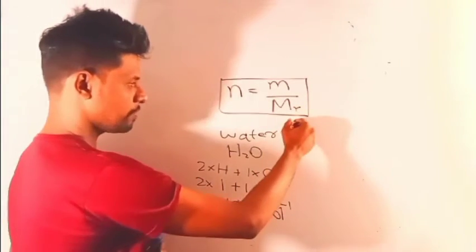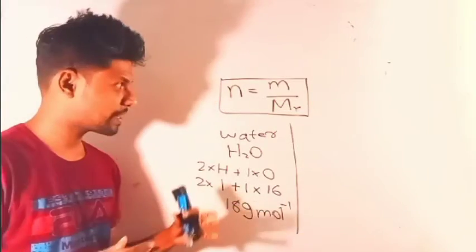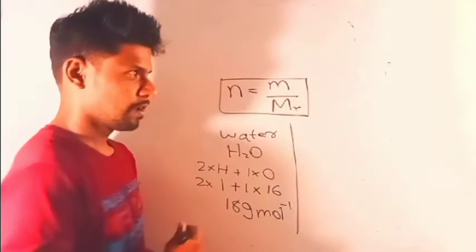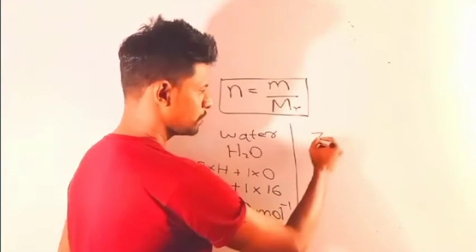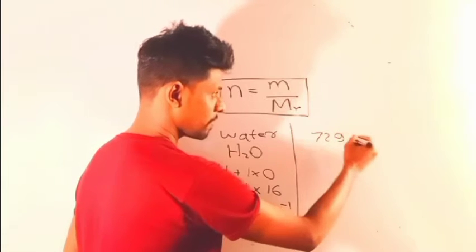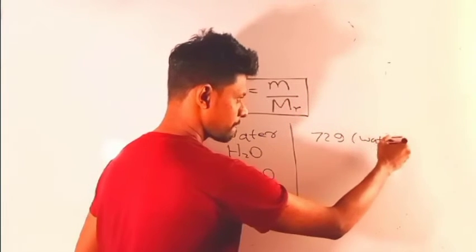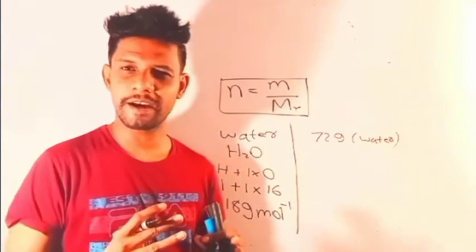Now we'll look at how to solve problems. I just found the molar mass, and now I'm going to solve something. Think about 72 grams of water. How to find how many moles there are?